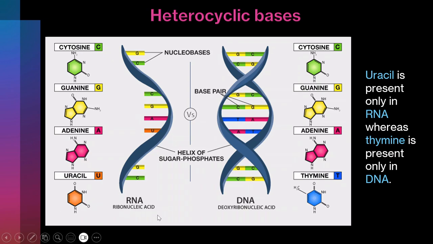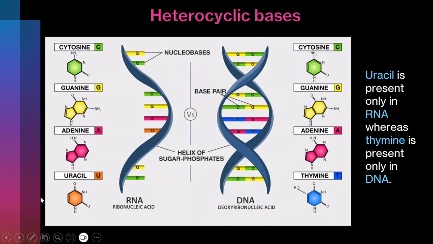RNA, that is ribonucleic acid, contains 4 nitrogenous bases, which are uracil, adenine, guanine and cytosine. Whereas DNA consists of thymine, adenine, guanine and cytosine.